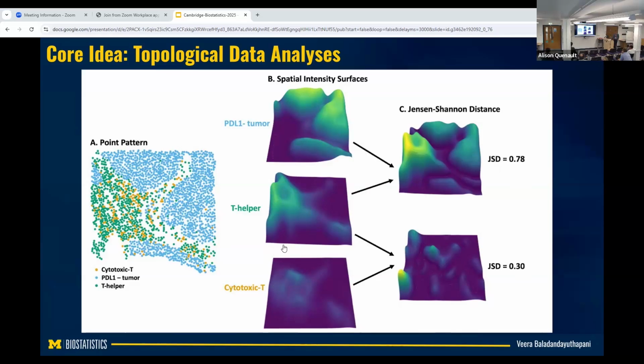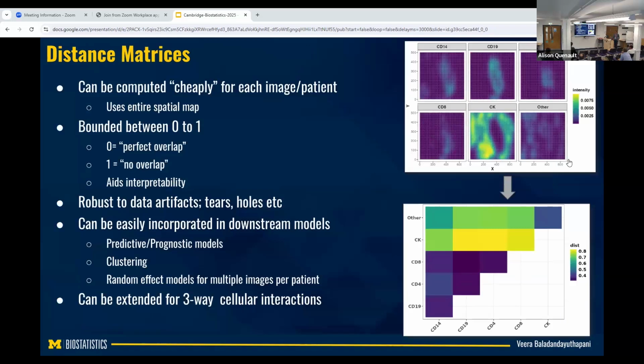It turns out this works remarkably well. Once you get the distributions, you can compute this cheaply for each image because you're using the entire spatial map. And it's bounded. Some distances are not bounded, so it's harder, but here 0 is perfect overlap, 1 is no overlap.